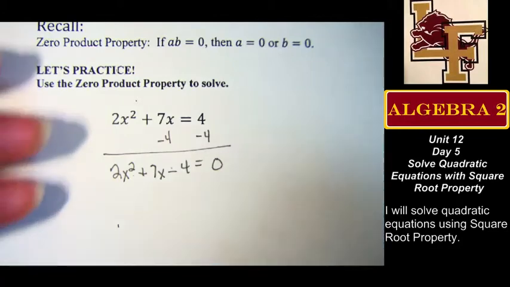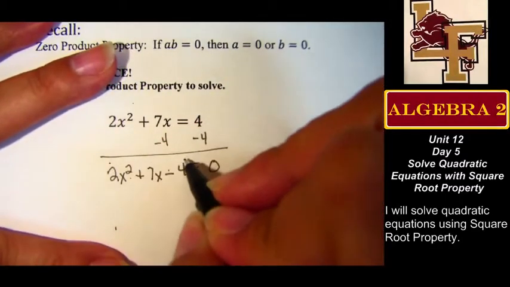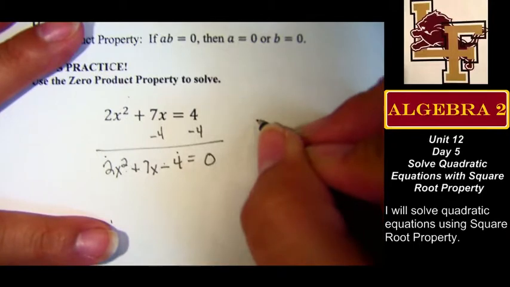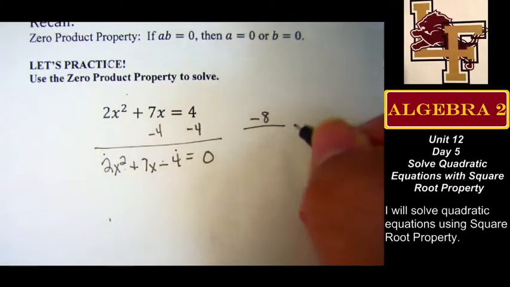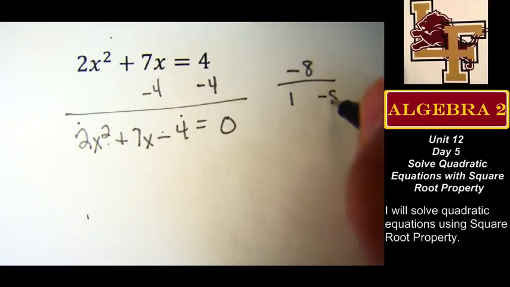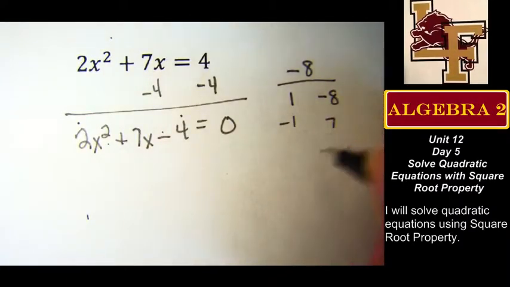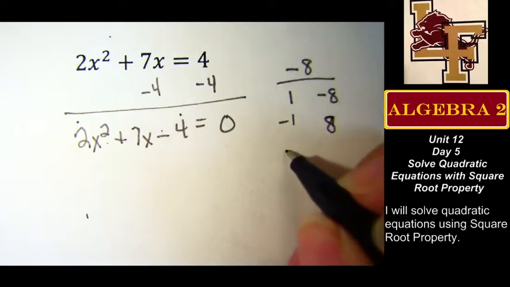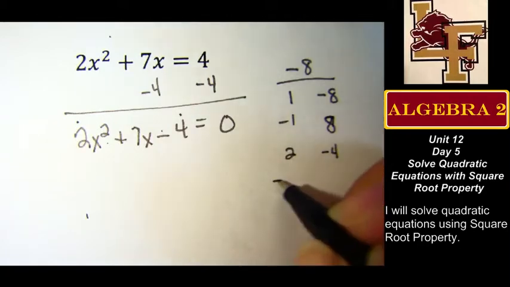All right, continuing to factor, going to take a times c and multiply them together. 2 times negative 4 is negative 8. All the factor pairs of negative 8, and I'm looking for the factor pair that adds to give me a positive 7. And as soon as you see that factor pair, you can tell me to stop and use that one.